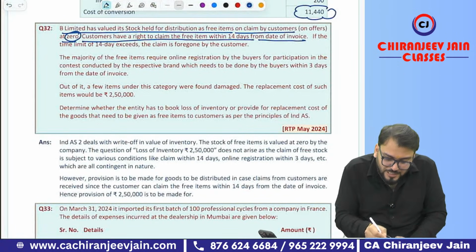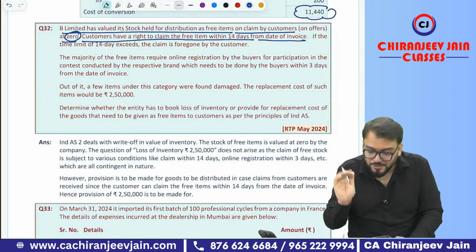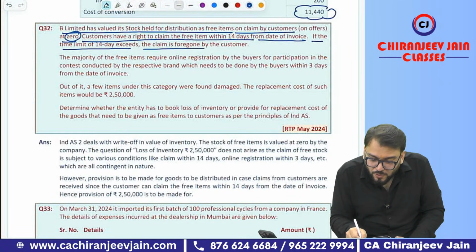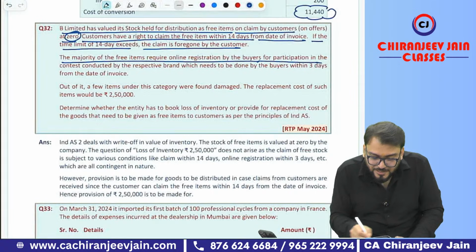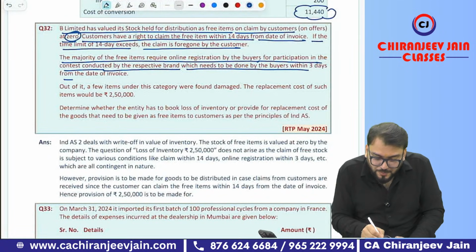Why it was 0? Because can I say the NRV will be 0. The cost price or NRV, whichever is lower. Got this point? If the time limit of 14 days exceeds, the claim is foregone by the customer. The majority of free items require online registration by the buyer for participation in the contest conducted by the respective brand, which needs to be done by the buyer within 3 days from the date of invoice.